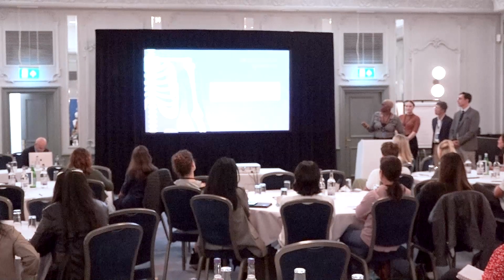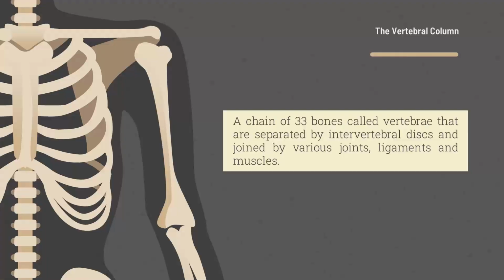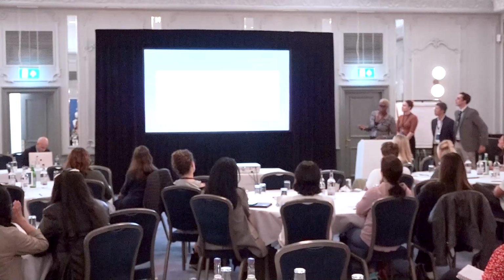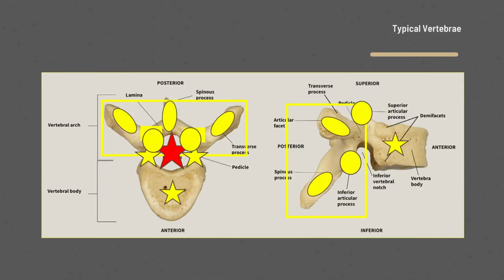So essentially, the vertebral column is a chain of 33 bones, which are known as vertebrae. Each vertebra is separated by the intervertebral disc and then joined together by various joints, ligaments, and muscles. If we look at a typical vertebra here, on the right we are looking at it from face on, and on the left we're looking at it from a side view.